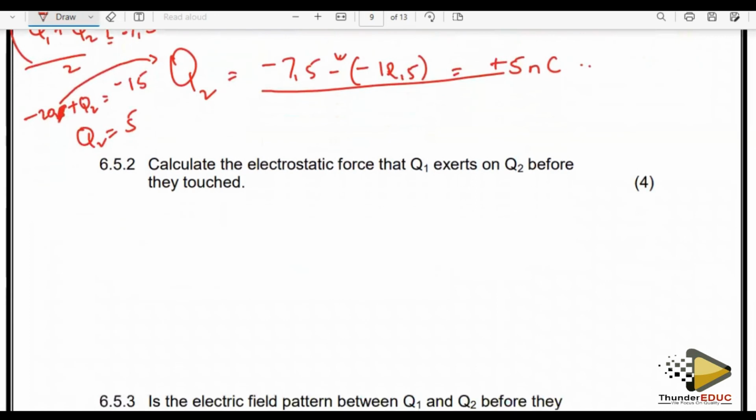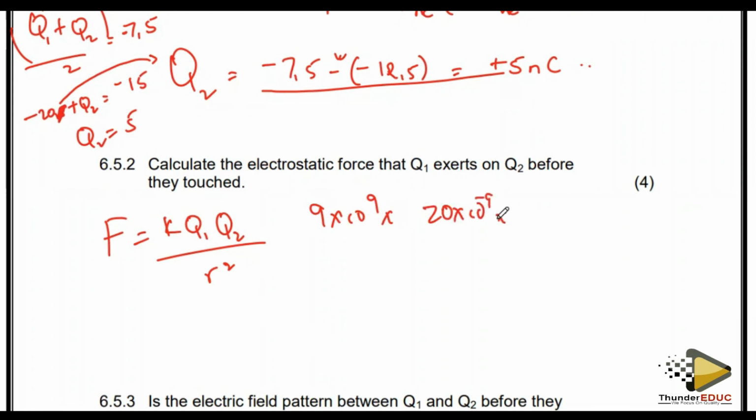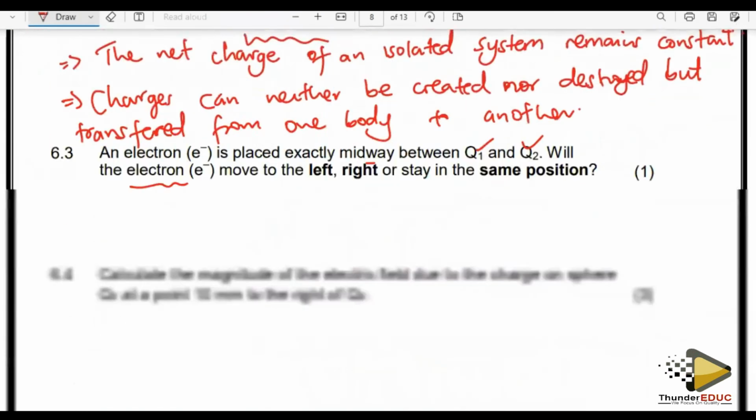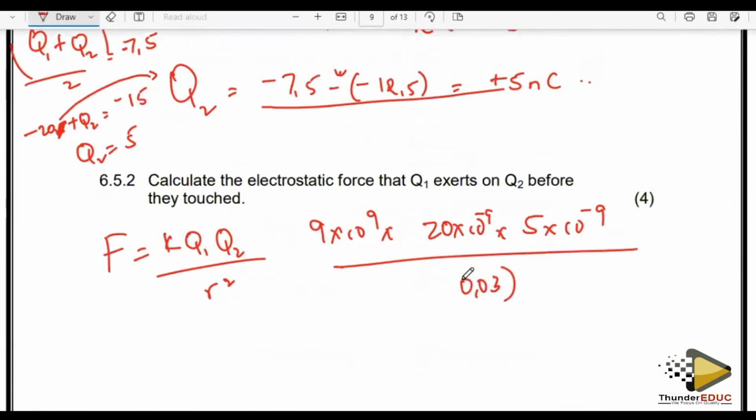Then 6.5.2, they want the force between Q1 and Q4 before they touch. So the force should be kQ1Q2 over r squared: 9 times 10 to the 9, the Q1 is 20, Q4 is 5, dividing by the distance, so that's 6 millimeters. 6 millimeters is 0.003 squared.